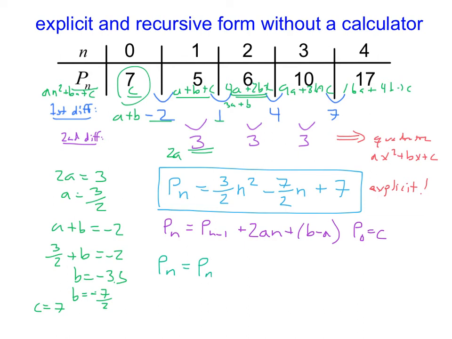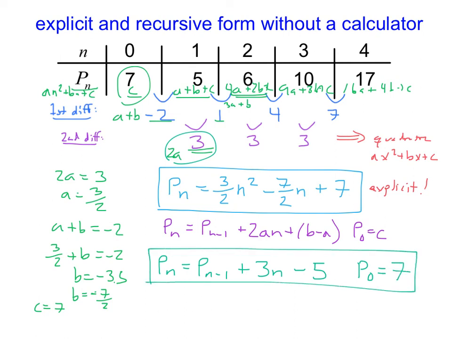Pn is p sub n minus 1, 2an, so I got to double that. That's going to be plus 3n, which is the same as that. Now we got b minus a, so I got negative 7 halves minus 3.5 minus 1.5, so that's minus 5, starting at the c value of 7, and there we go.